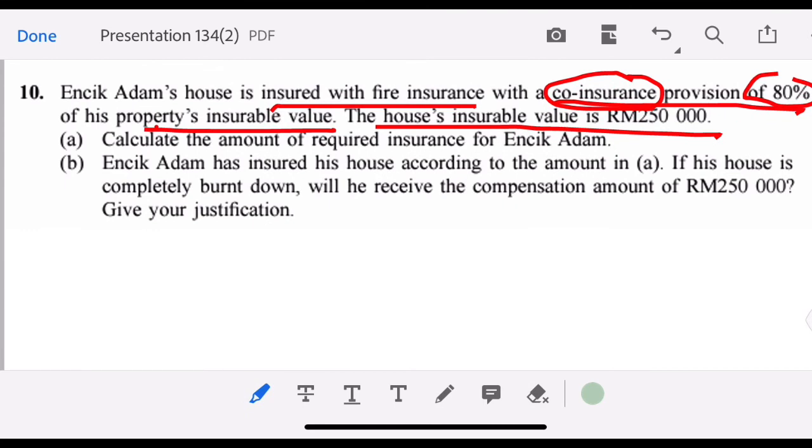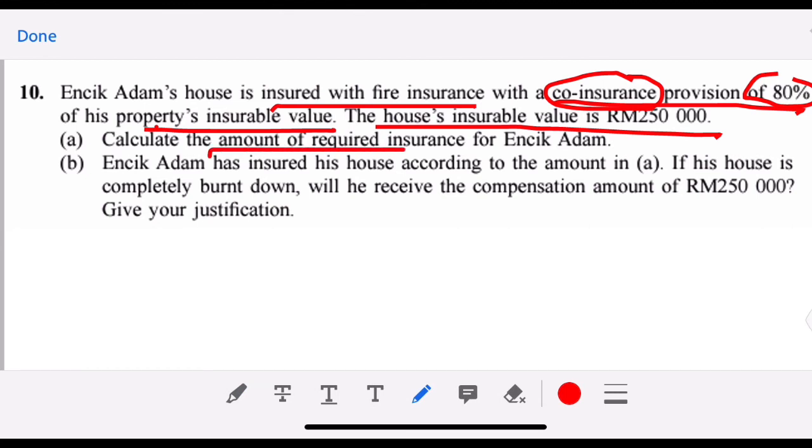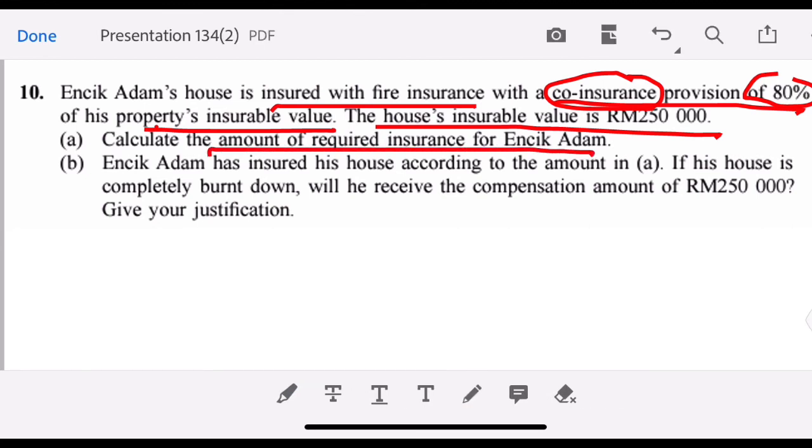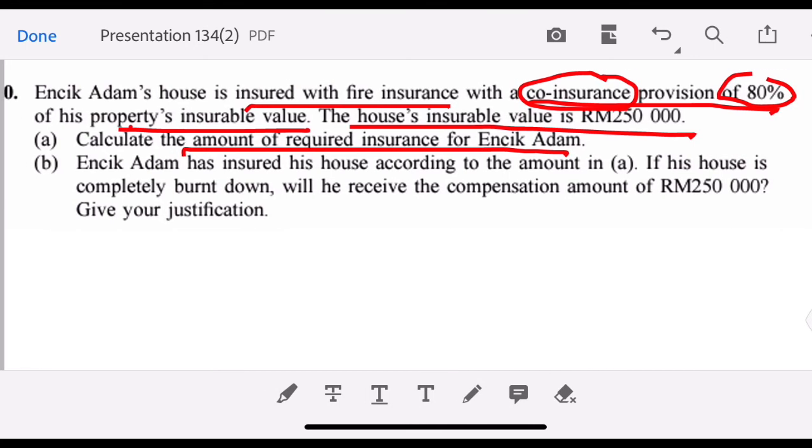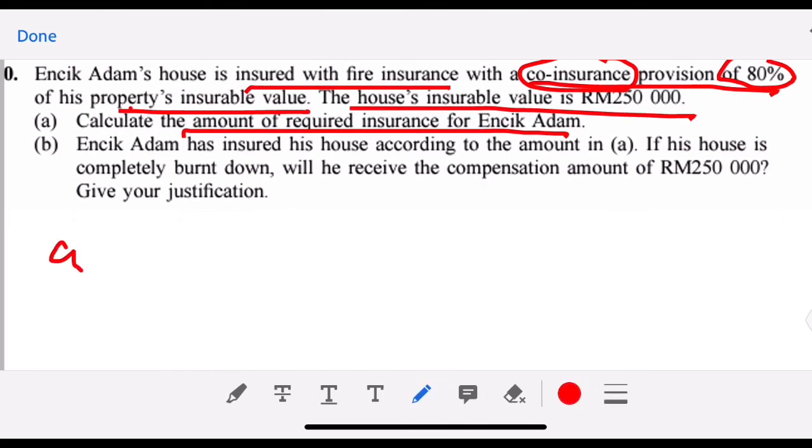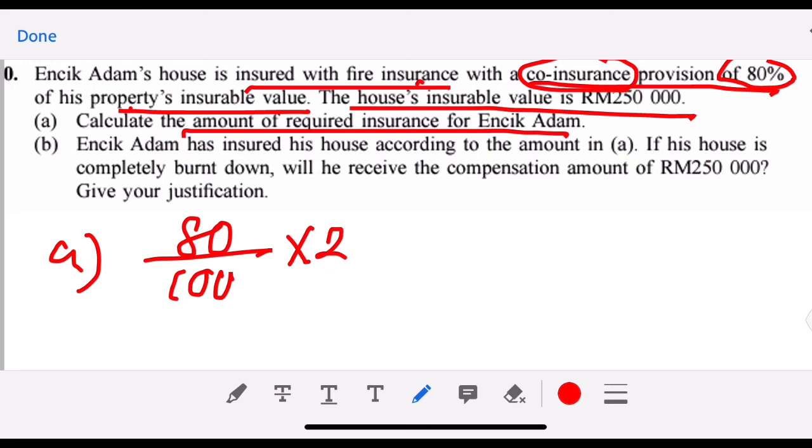So calculate the amount of the required insurance for Inje Adam. So let's do the calculation. For A, we have to take 80% of his property insurable value, the house insurable value, which is 250,000.